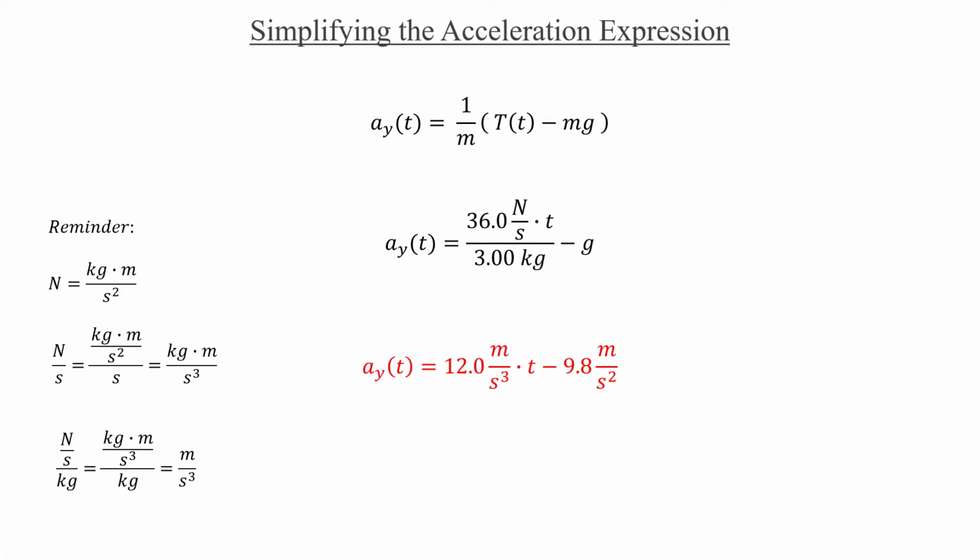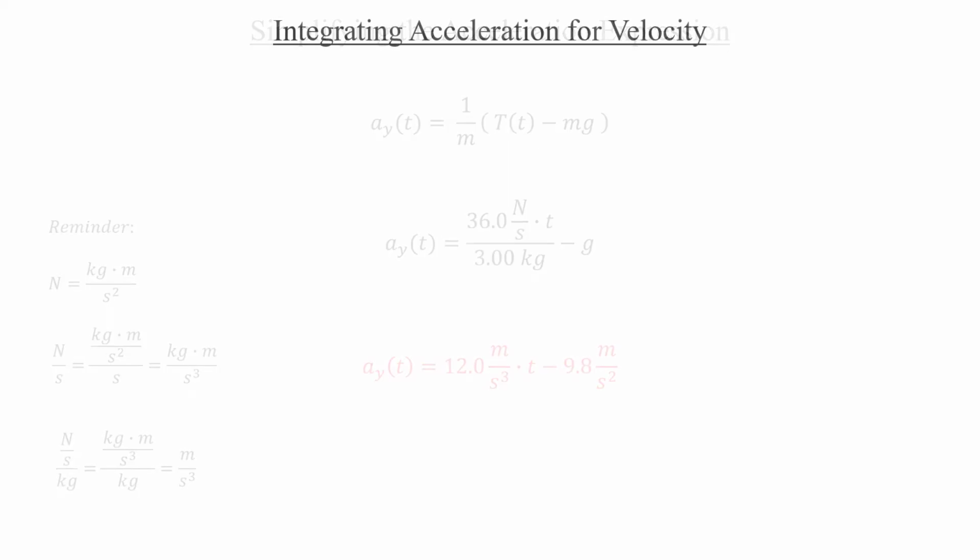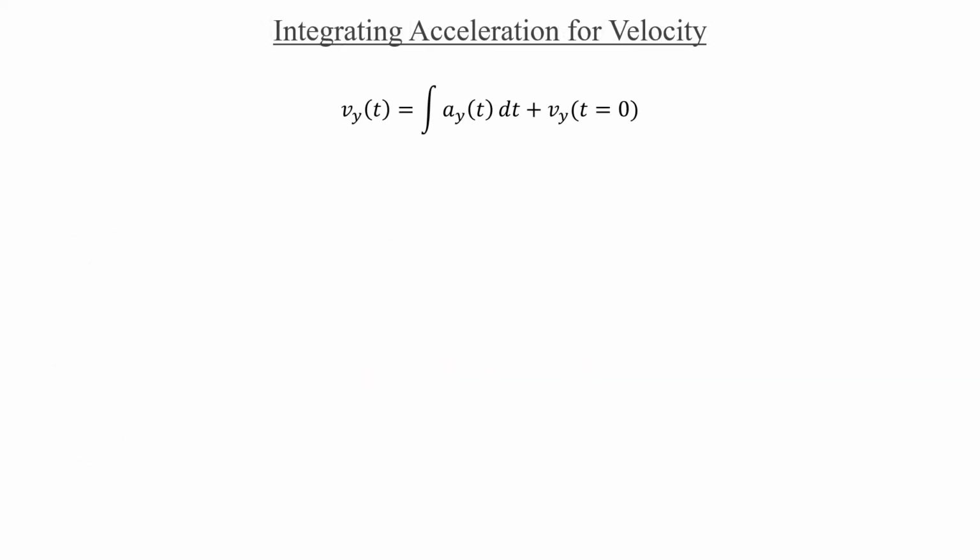So with that done, we can enter into the realm of calculus to get to a velocity, because that's what we need to answer part A. Part A says, what's the velocity at these two times? Well, we don't have a velocity yet. We have an acceleration. So let's integrate the acceleration expression for a velocity, and that's what this looks like.